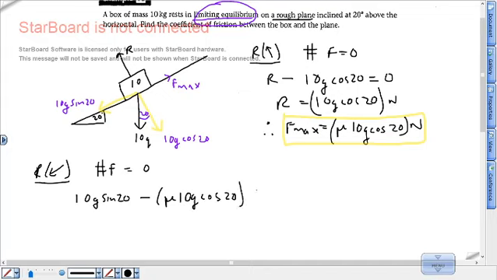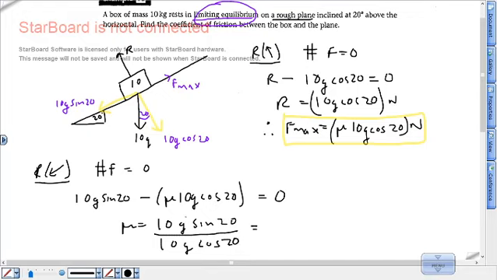So 10g sin 20, take away the F max, is equal to 0. So all I've got to do to get this is throw this over, and therefore mu is simply your 10g sin 20, divided by your 10g cos 20.